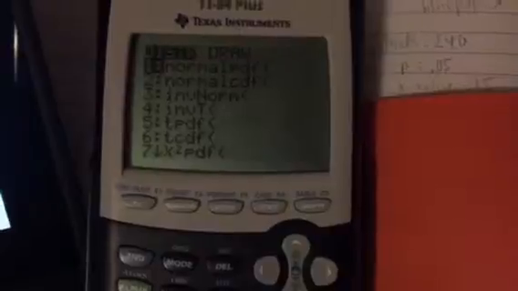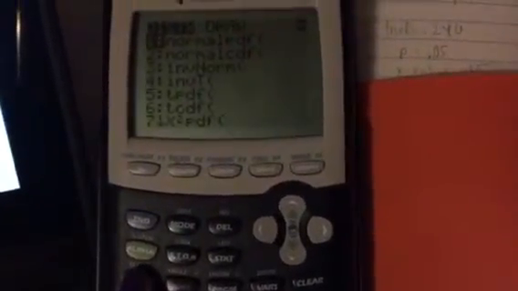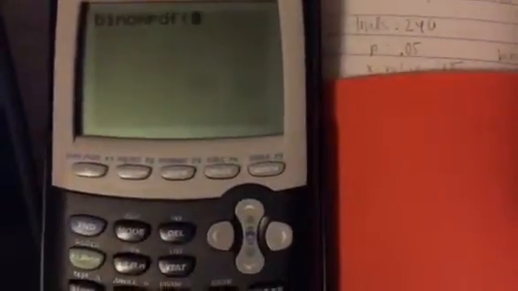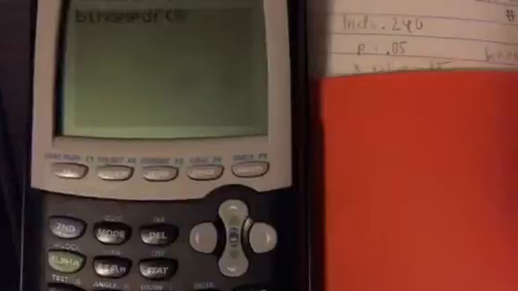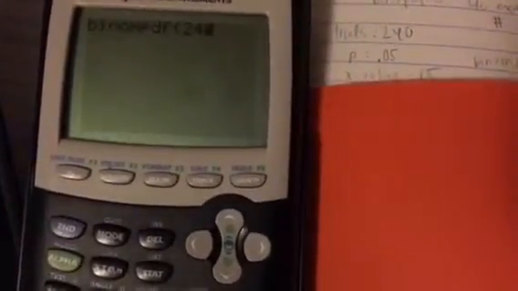Since I have the TI-84, what I had to do was press second, vars, and then alpha A for PDF. And then the way it's inputted is trials, so 240, because there's 240 eggs.